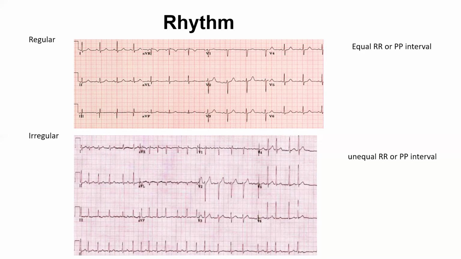In the graph below, there's no P wave here, and the RR interval is irregular, which means the rhythm is irregular. This is actually the EKG of a patient with atrial fibrillation.